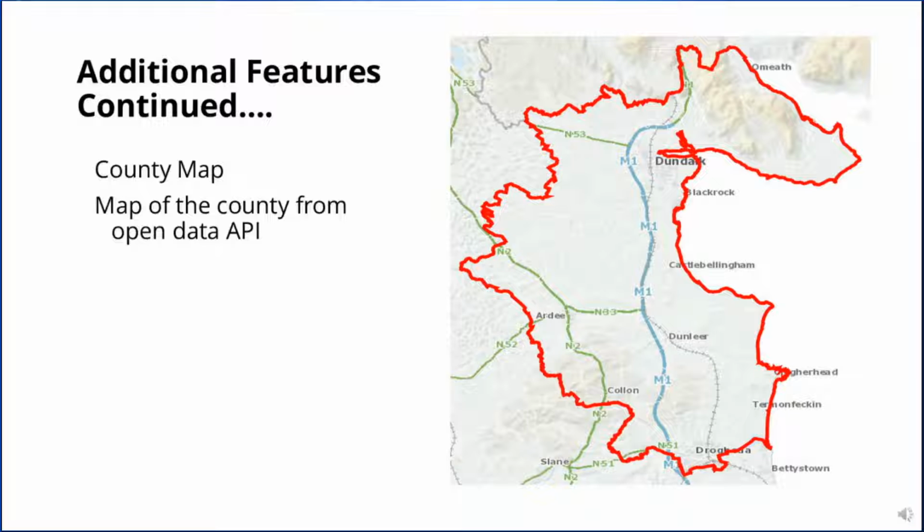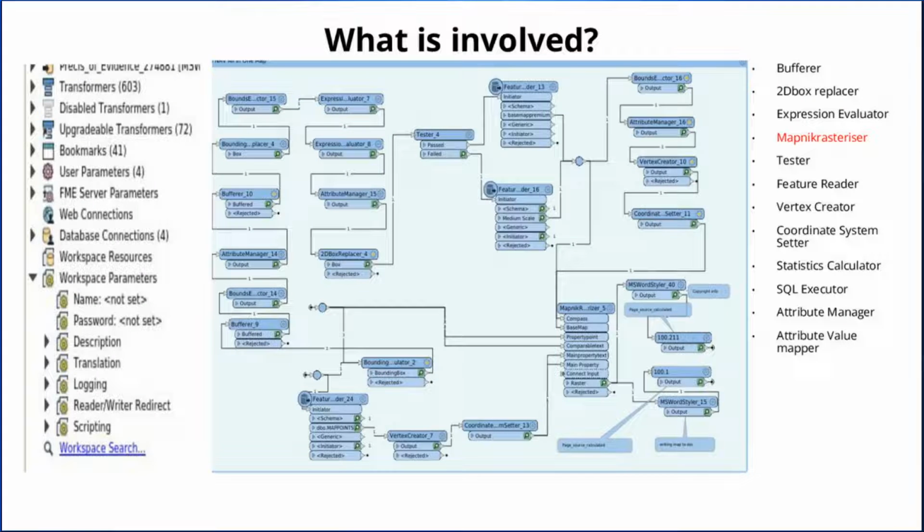So FME had to pull it from an API, which helped me a lot, because otherwise each time I needed this, I had to go to an open data website and get it downloaded. But FME could easily pull it from the API, which was quite helpful. And then putting it through the Mapnik Rasterizer, giving the heading that I want, and bringing it out was quite helpful as well.